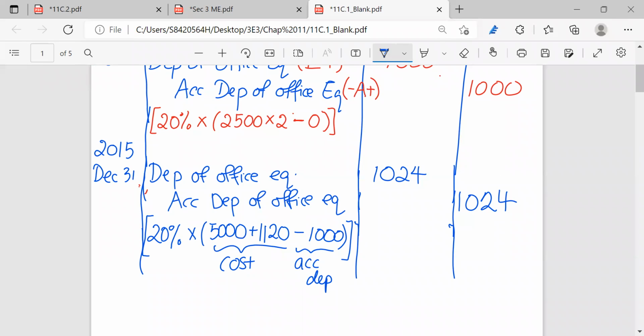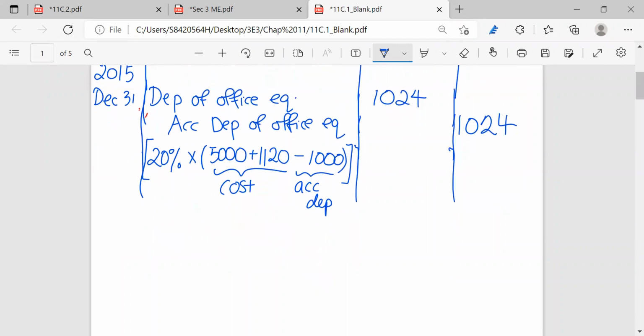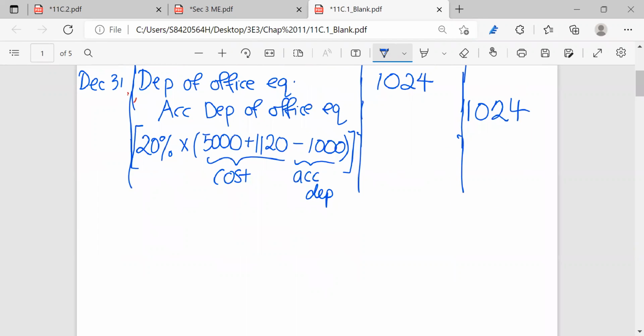For part C, you're asked to prepare the statement of position. So position is basically your cost minus accumulated equals to your net book value. Now you have to take note for your accumulated, you have to add in the new year's depreciation as well.